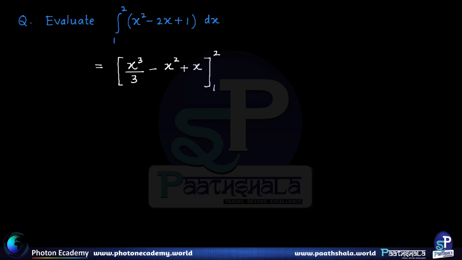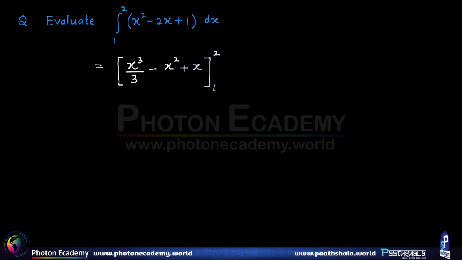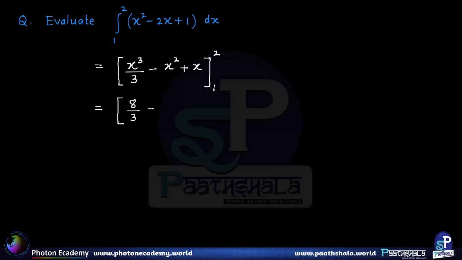So just to repeat, we are not required to write the constant of integration c, because anyways it is going to get cancelled. Now the way we calculate this is, in this expression first we put the upper limit, so we put x as 2, so that is 2 cube is 8 by 3 minus 2 square is 4 plus 2, right?